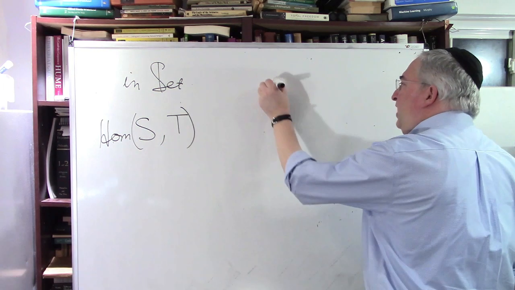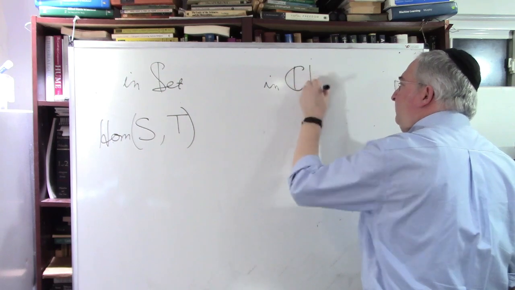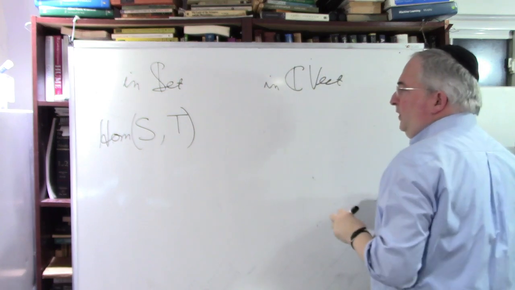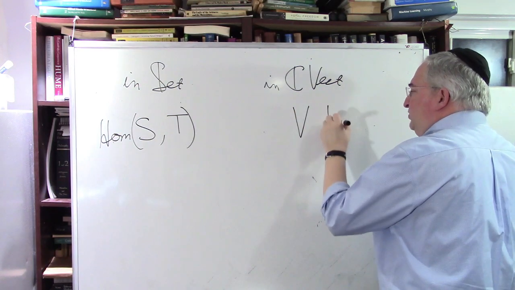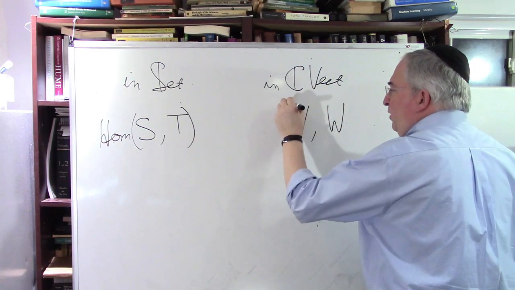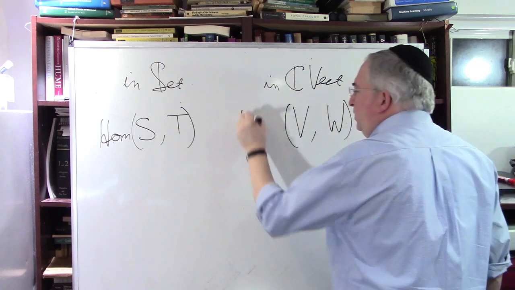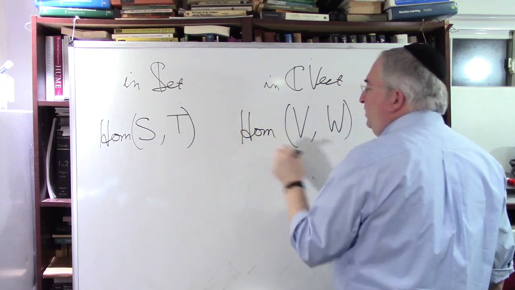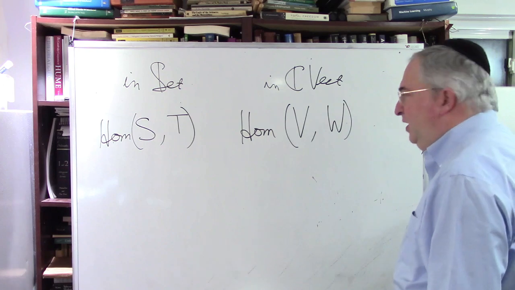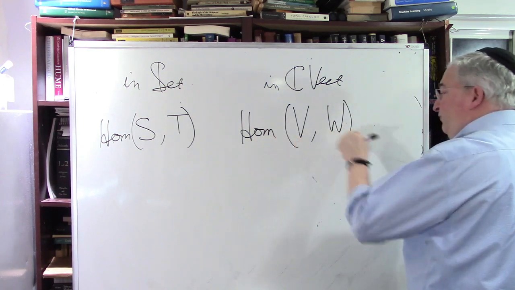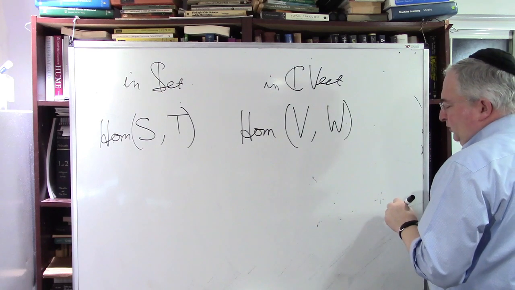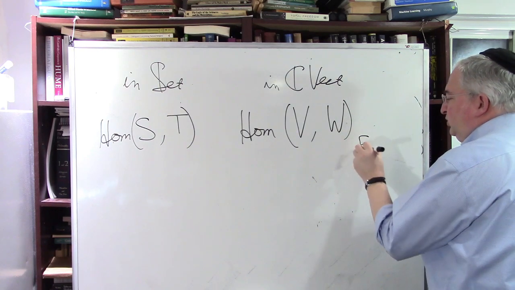Great. In complex vector spaces, we have a vector space V, we have a vector space W. Well, we can look at all linear transformations from V to W. This is called a function space.